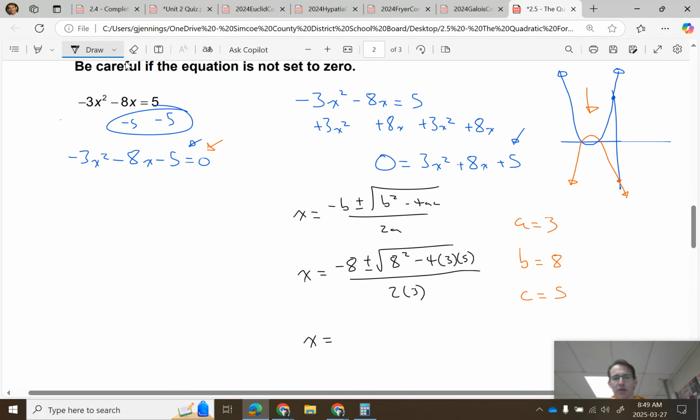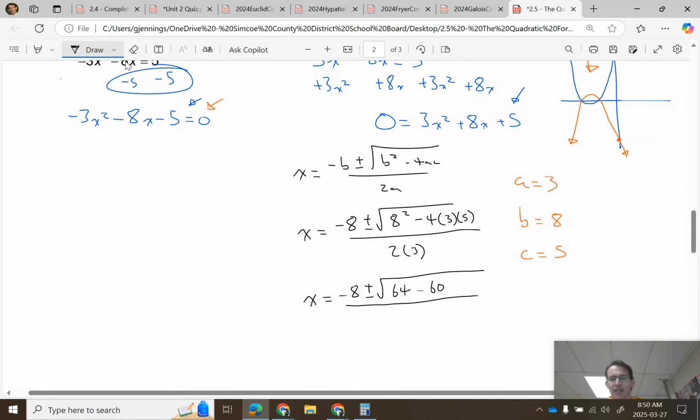X equals negative 8 plus or minus the square root of 64 minus 4 times 3 times 5 is 60. Cool. All over 6. Oh my gosh.